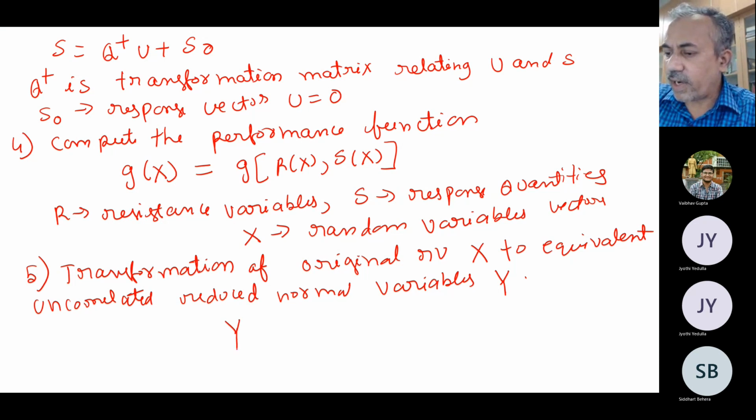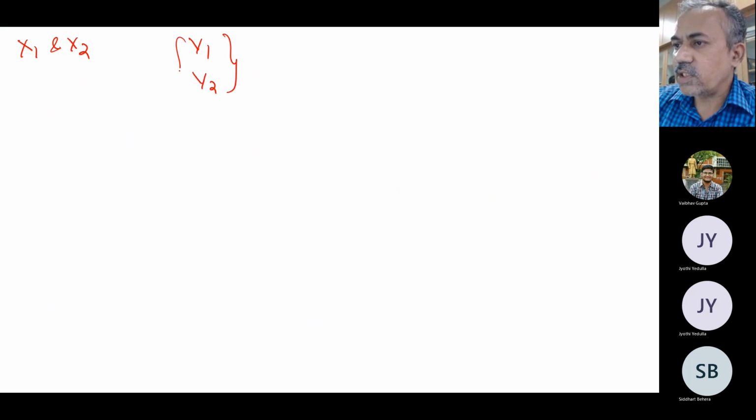You can write this as y is T of x itself. If we have two random variables x1 and x2, we calculate y1 and y2 through this transformation.